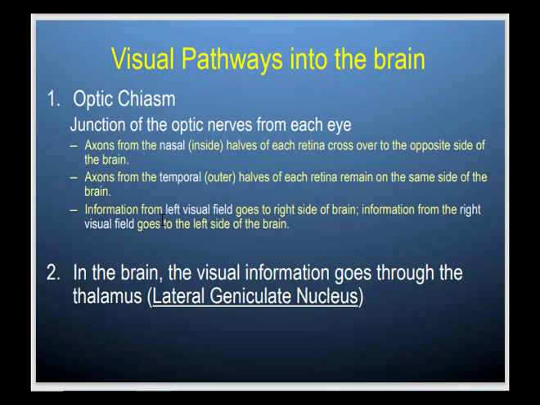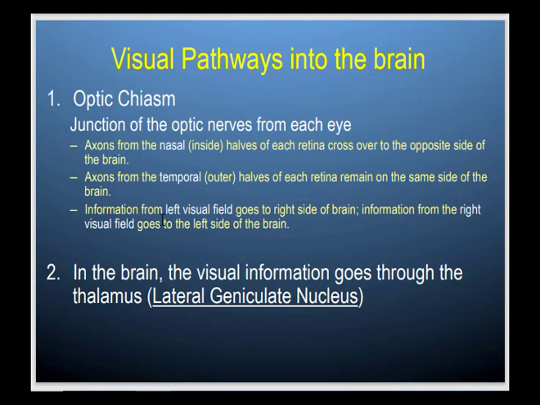All right, that crossing over happens at the optic chiasm. So that's where you get them going to the proper side so that the left visual field can get processed on the right side of the brain and the right visual field can get processed on the left side of the brain.